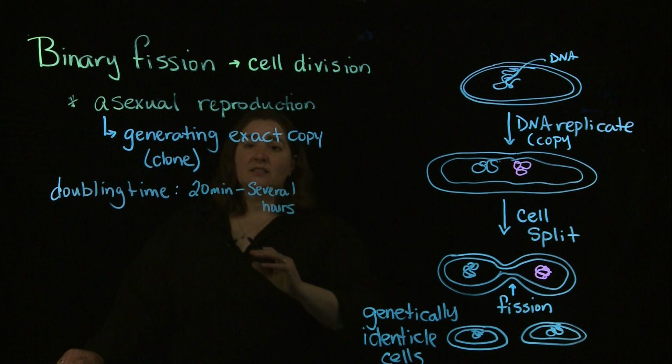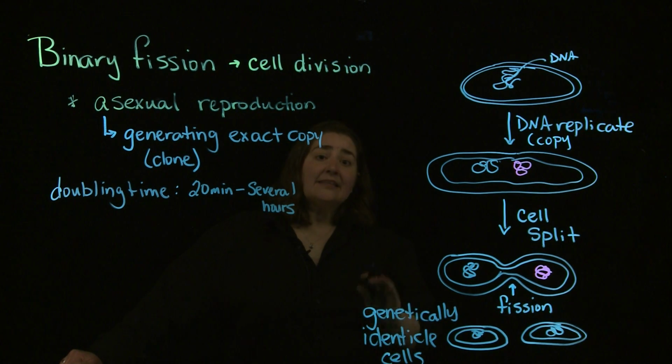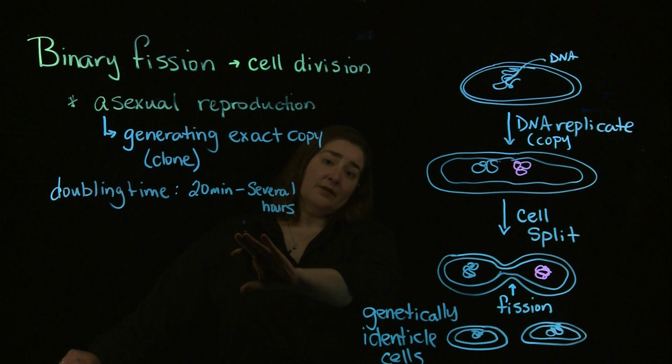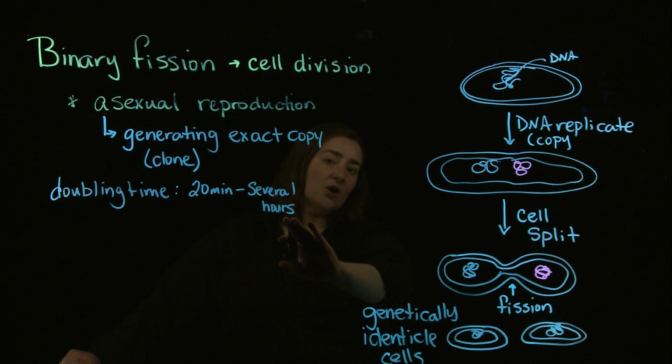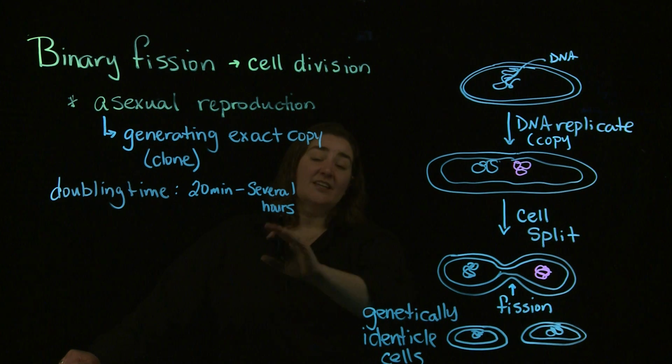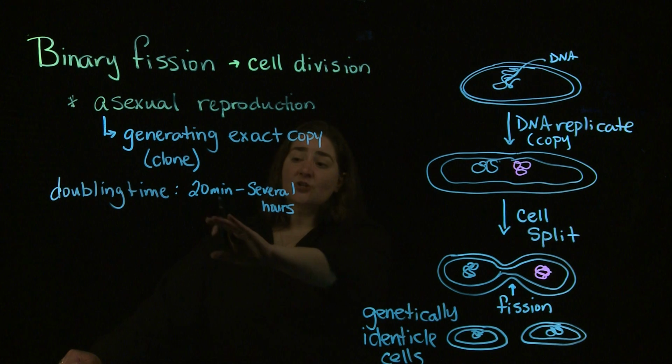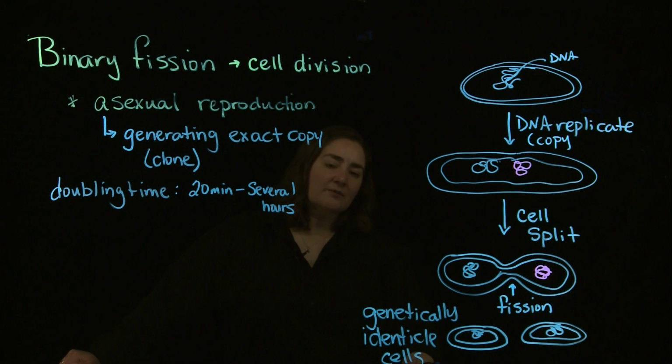Again, it depends on the type of bacteria. This is also where those environmental factors come into play, because if you aren't at an optimal temperature, it's going to take longer for that bacteria to replicate its DNA and make a copy. If you're at the ideal temperature, it might be as short as 20 minutes for that bacteria to undergo that whole process of binary fission.